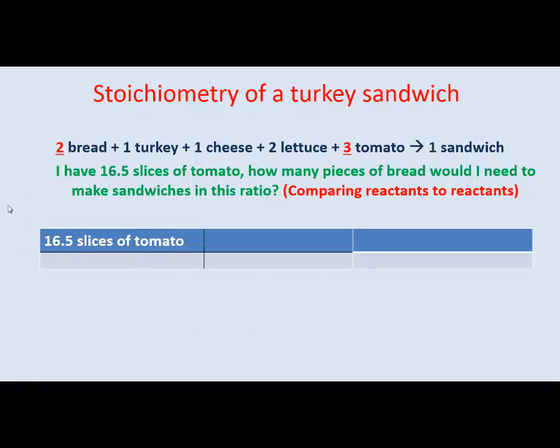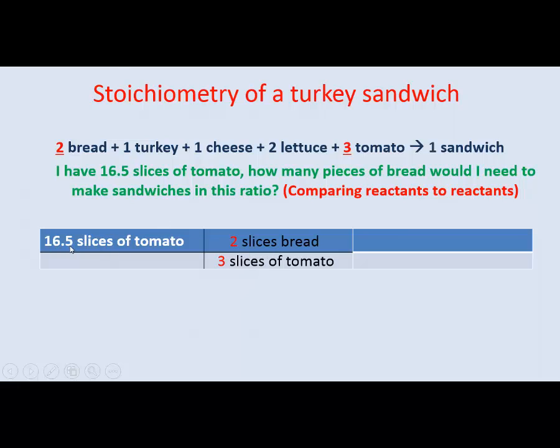So if I have 16.5 slices of tomato, I know in my stoichiometric ratio I want to divide by slices of tomato to cancel units. So I look at my balanced equation, it has a 3 for the coefficient. So I'm going to put 3 slices of tomato in the denominator for my stoichiometric ratio. And when I look at my balanced equation to relate to bread, the coefficient's a 2, so I multiply by 2 slices of bread. Now my slices of tomato will cancel units, and I'll end up with slices of bread.